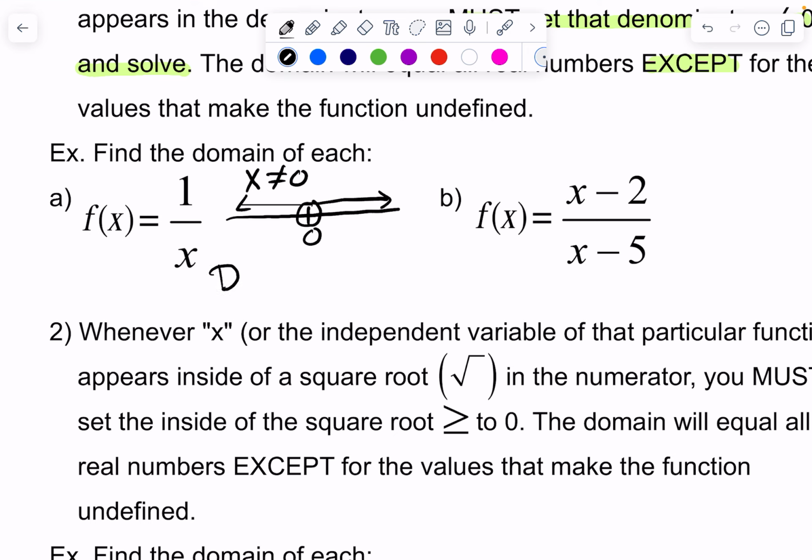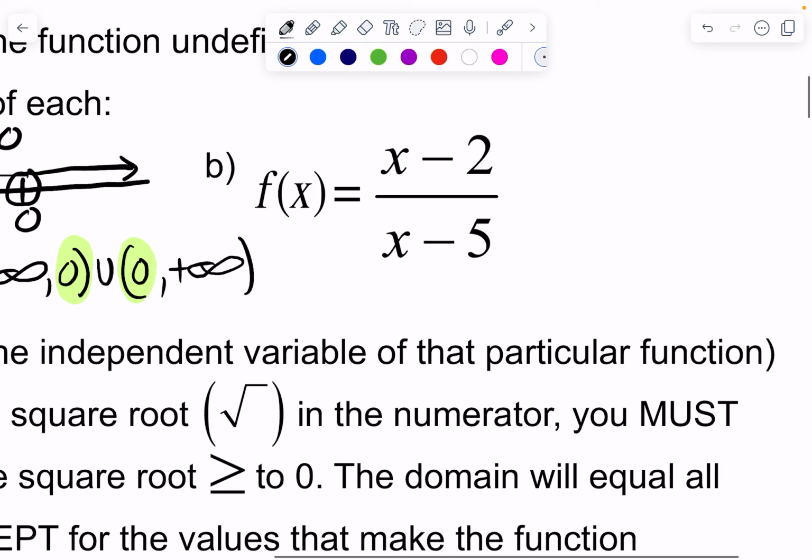So my domain will go from negative infinity to 0 in union with 0 to positive infinity. Please note that I'm using parentheses around the zeros because it can be close to 0, but it cannot equal 0.